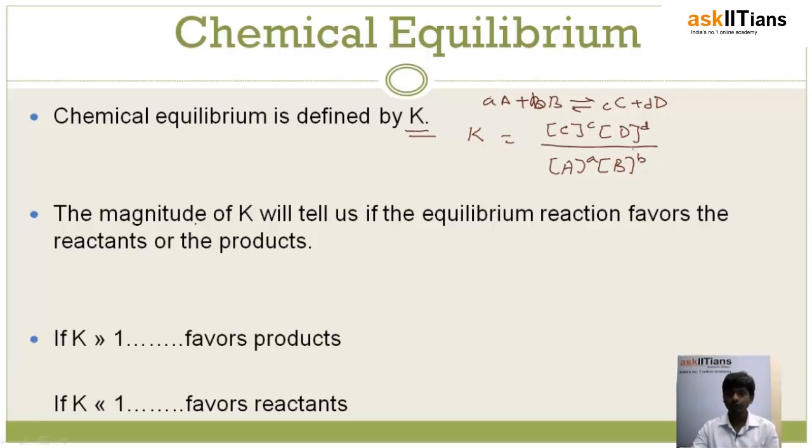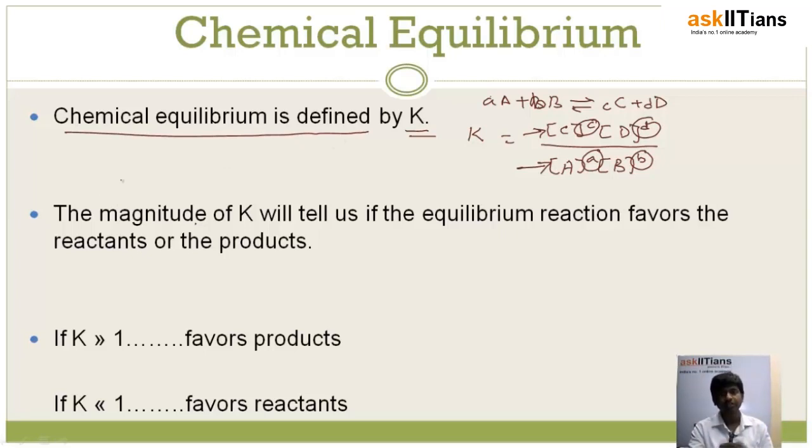Fine. So can I say it is involving the concentration as well as the stoichiometric term? It is defining the entire state of the reaction, as in the stoichiometric term, that is the number of moles involved, and at what concentration they are involved. Thus, in other words, you are defining the equilibrium condition itself.